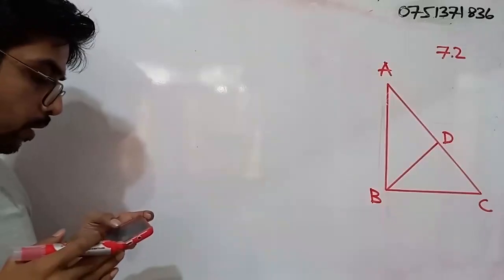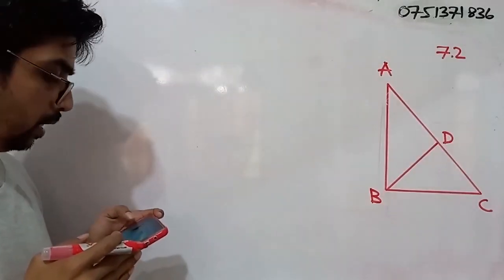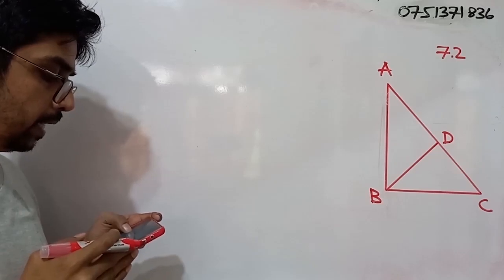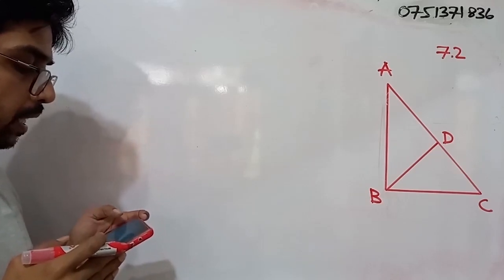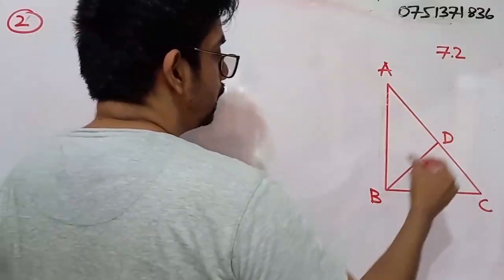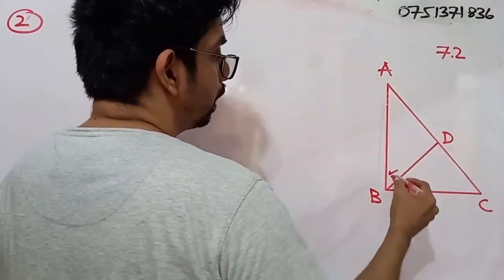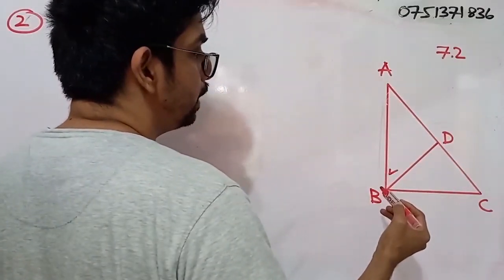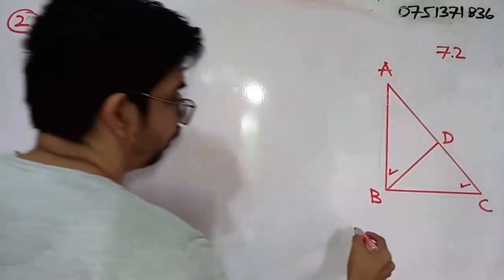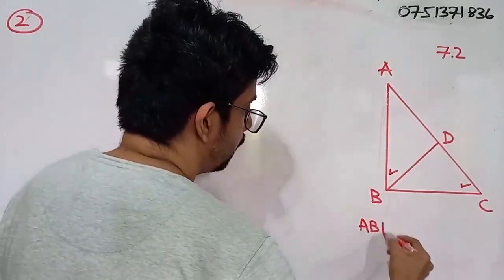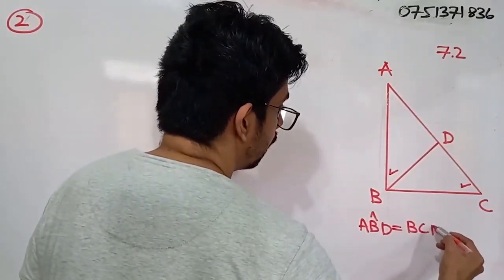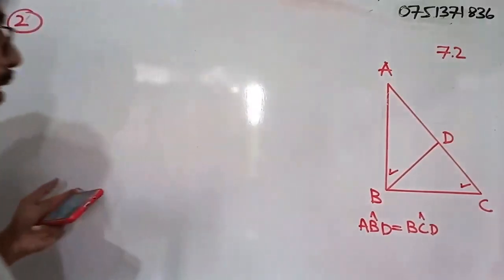Okay, question number 2. The point D is located on the side AC of the triangle ABC. If angle ABD is equal to angle BCD, I will write it: ABD is equal to BCD.